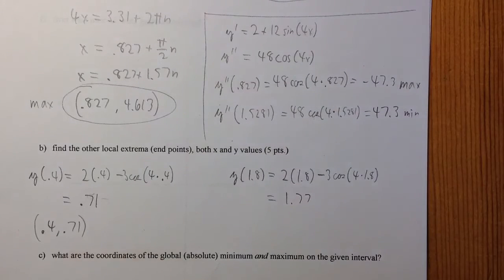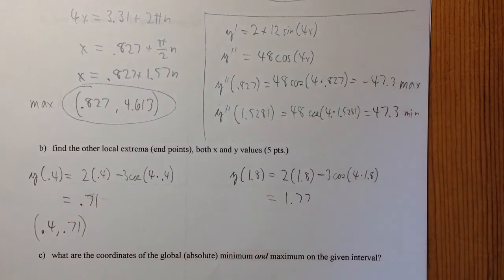So okay, what did I do in my math here? Let me check that again. Maybe I should have written this out. Don't do too much in your head. Okay, so let me try that again. 4 times 0.4 equals that, cosine, times 3, negative, plus 0.8.